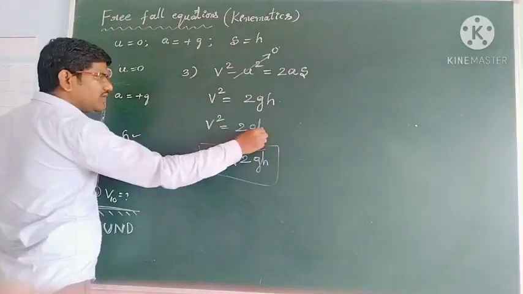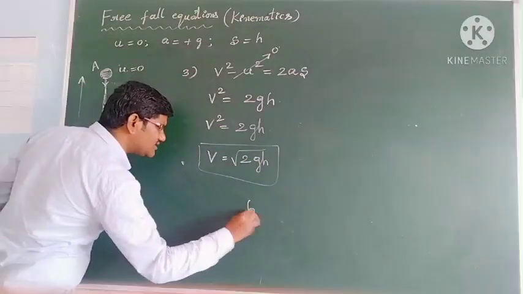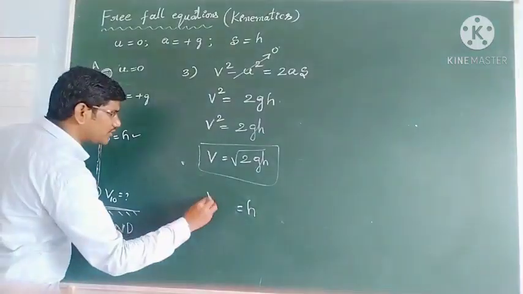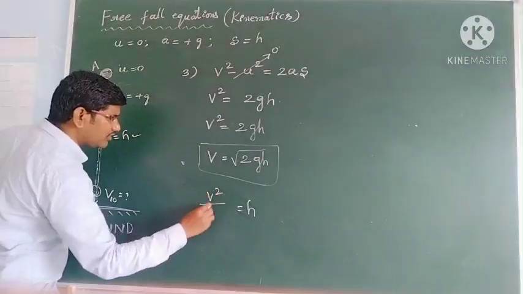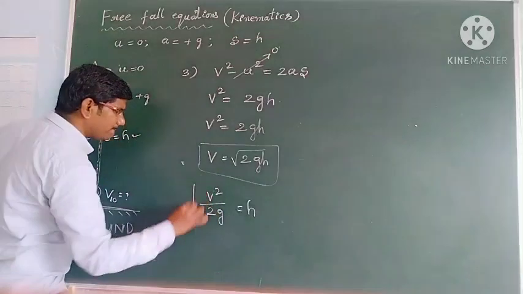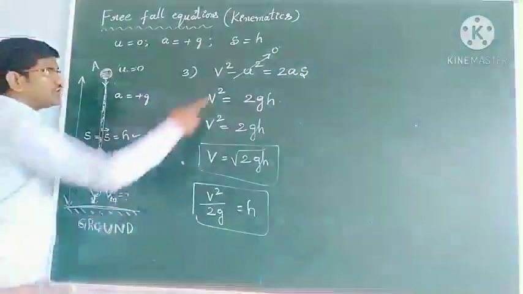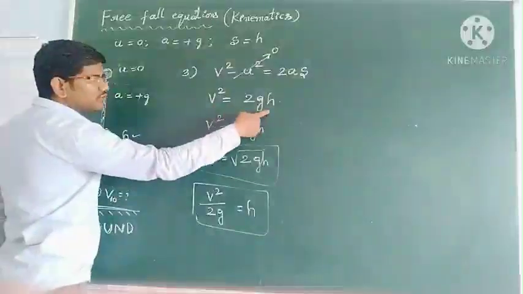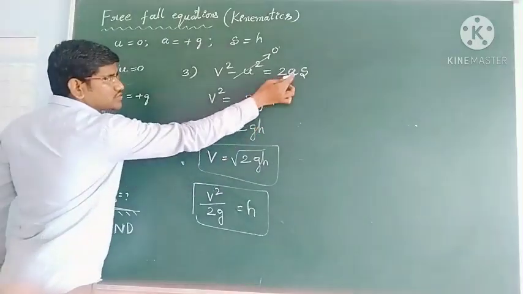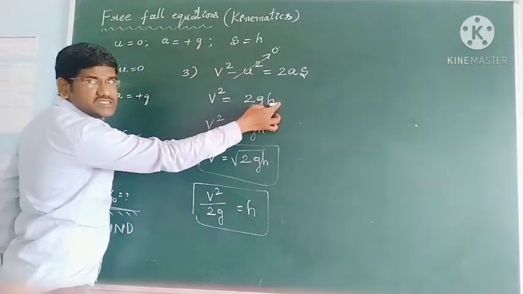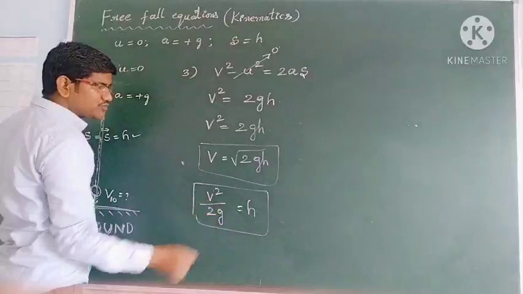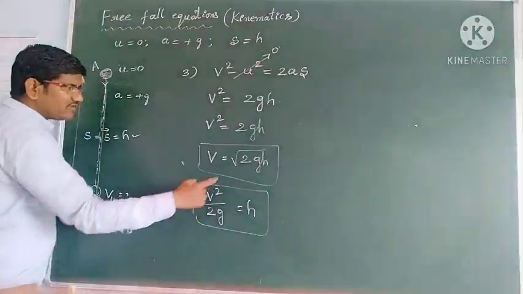Or you can make h the subject. Initial velocity is 0, v square is equal to 2gh, a value g, s value h, then h is equal to v square by 2g. How many variables are in this equation?